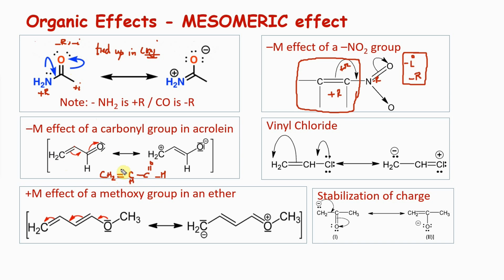So this electron can come here, this electron can go there. So the C double bond O is a minus R group, or a plus R group, depending on where you are looking. Now if I am looking here, I would say this is the minus M effect of the carbonyl group. Carbonyl takes because oxygen can handle a negative charge very well.